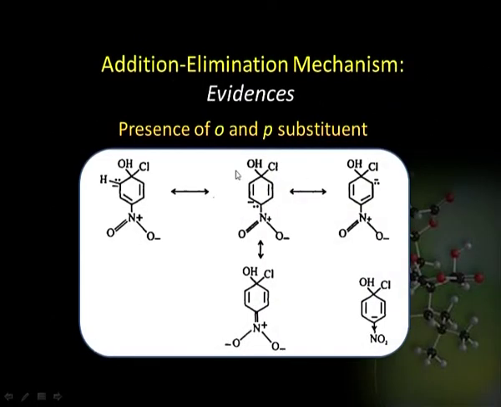So, when there is an ortho or a para substituent like this nitro group, which is electron withdrawing, and in the first stage addition of the nucleophile has already taken place, this anion is stabilized by the nitro group, which is able to share this negative charge. As a result, the intermediate is quite stable.